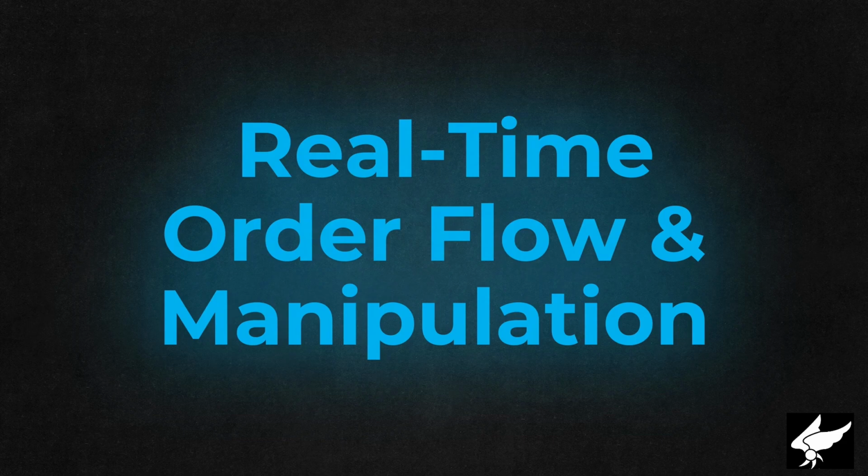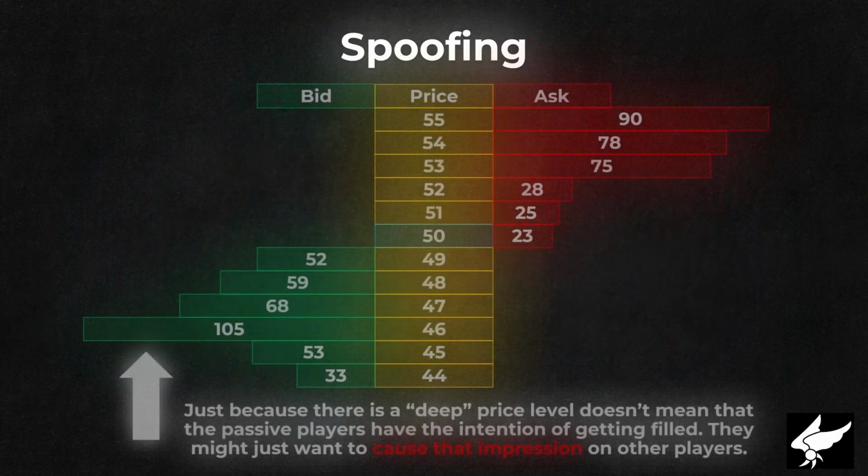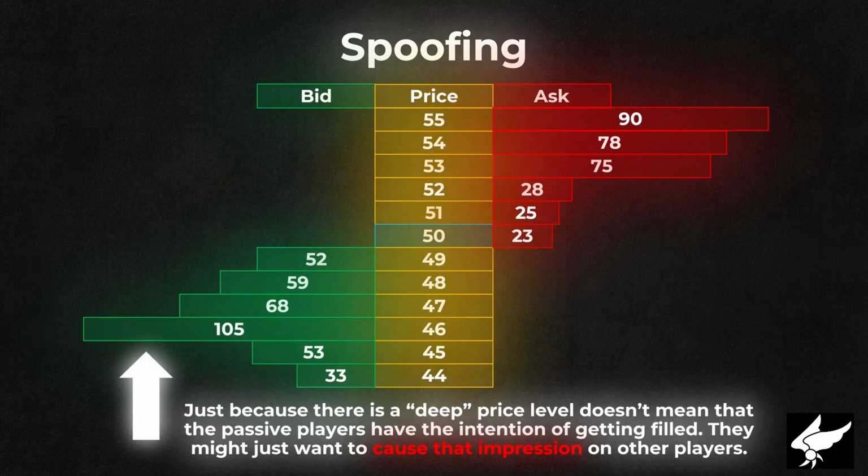So the market depth reflected in the order book, or DOM, doesn't necessarily correspond to the real intention of buyers and sellers. Let's briefly go over different kinds of manipulation maneuvers that can occur in the order book, or DOM. Spoofing. This maneuver involves the placement of large limit orders with no intent of having them filled.